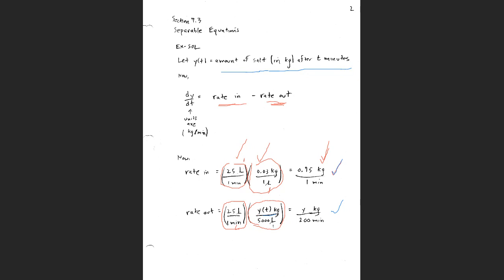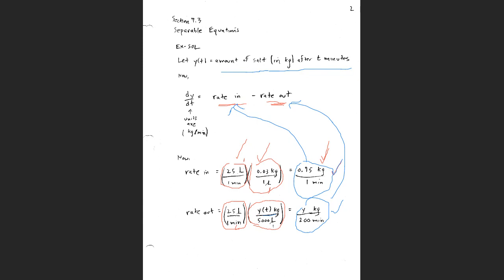All right. Well, now what we want to do is substitute in our 0.75 for rate in, and substitute the y over 200 for the rate out. And then we'll have a differential equation that we can work with.